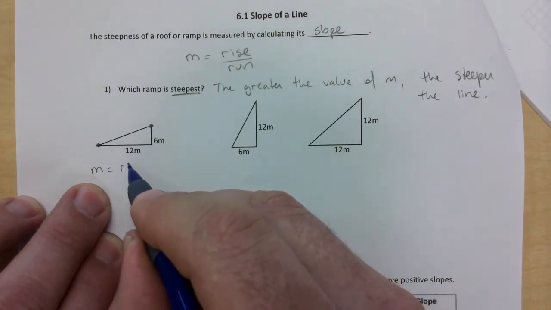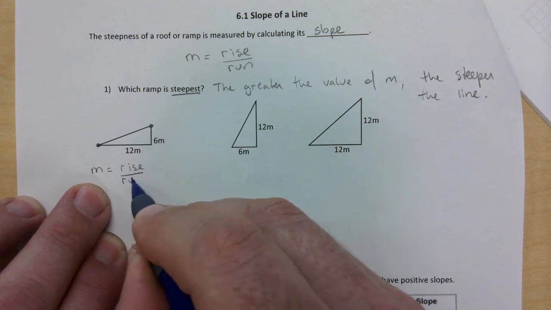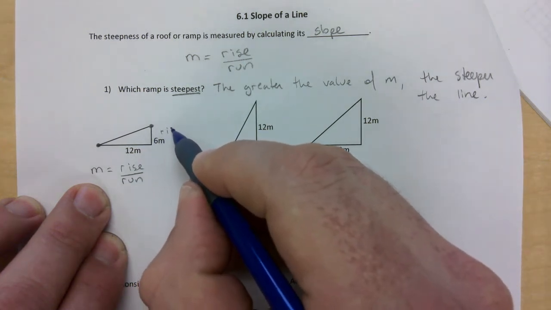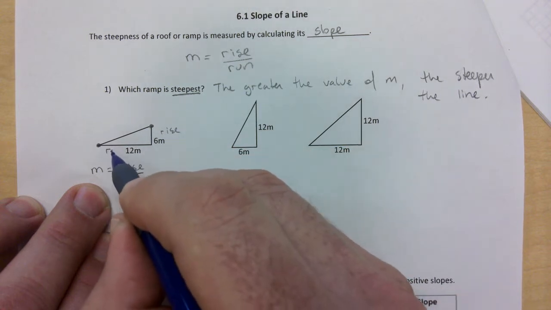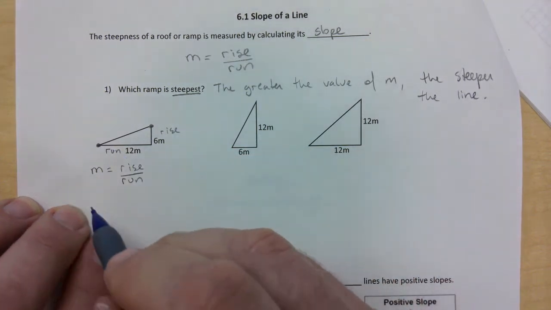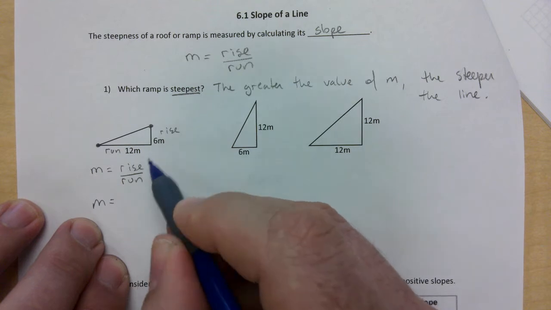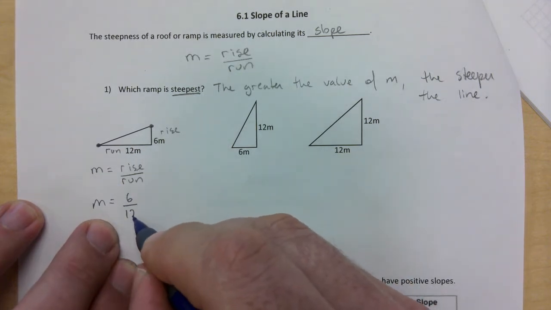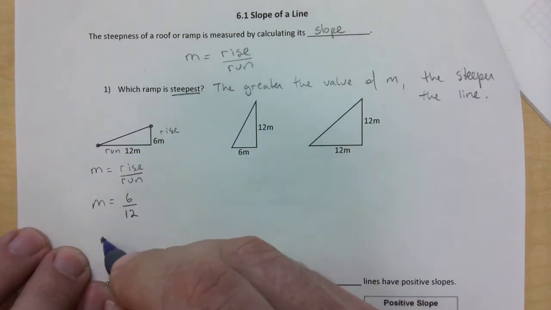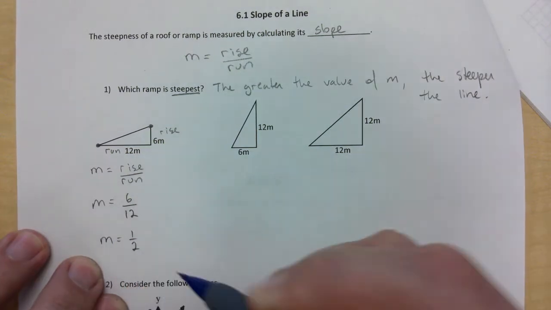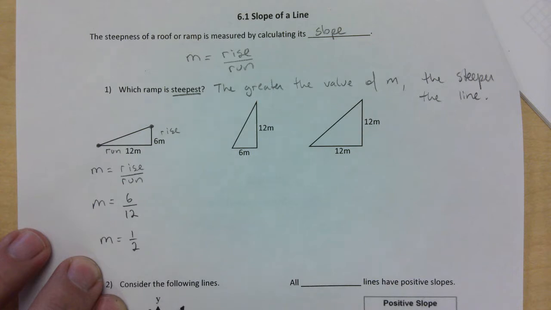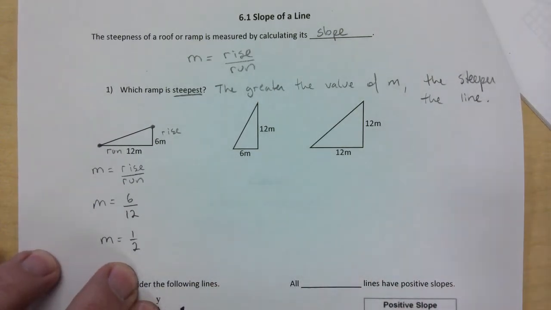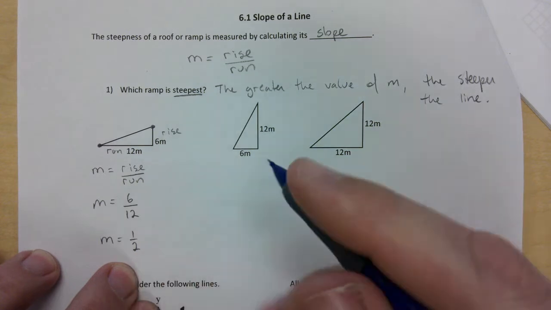We would say rise divided by run. And in this case, this is your rise here, and this would be your run, right? So the slope is 6 over 12, and they're both in meters, so we can just ignore that because they will cancel out. Slope is 1/2. Just leave it like that. Leave it as a fraction. You can turn it into a decimal if you want. Sometimes that's convenient. Right now, we're just going to leave it like that.